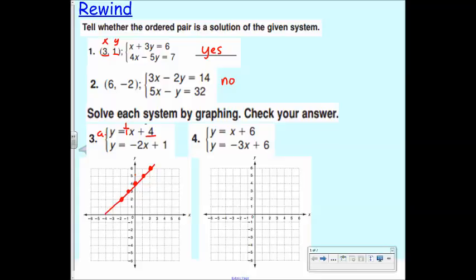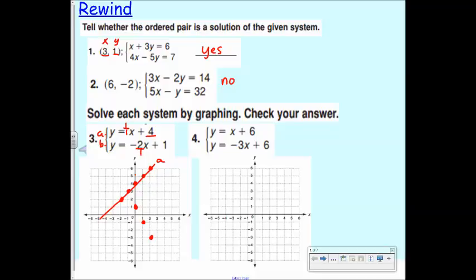All right, so we say there's A. Now here's B. B is y equals negative 2x plus 1. So my y-intercept is 1. And my slope is negative 2 over 1, which means I'm going to go down 2 over 1. So down 2 over 1. The problem is if I keep going down, which I can do, I'm never going to get to the line. So instead of going down 2 over 1, I'm going to go up 2, left 1.